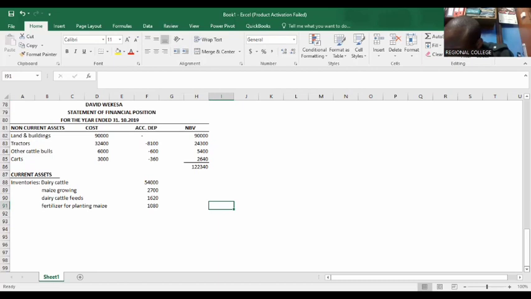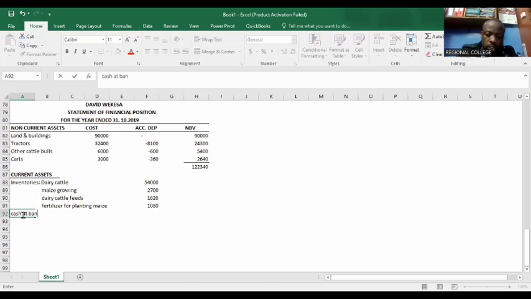Do you have cash at the bank or cash in hand? 15,300. You have cash at bank. That is an asset, 15,300. I think it is only that one, so I don't see any.